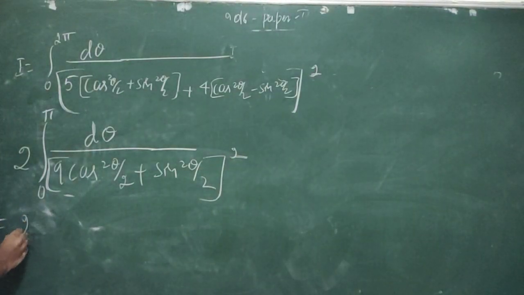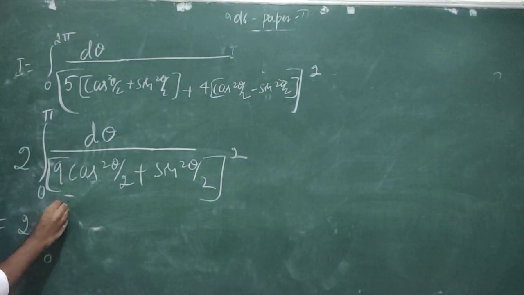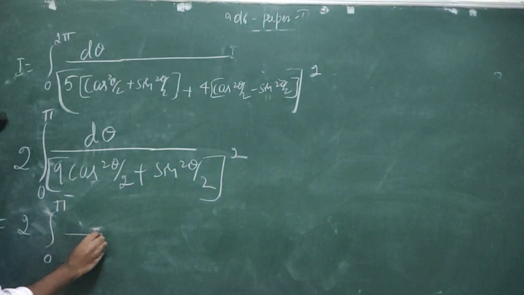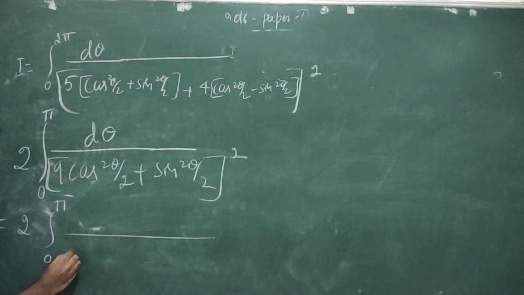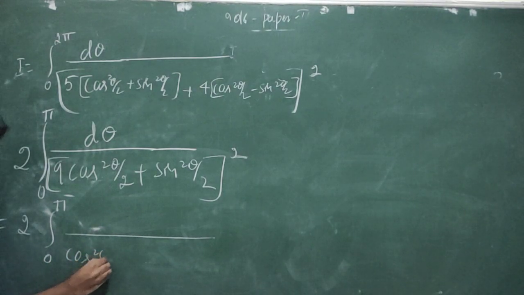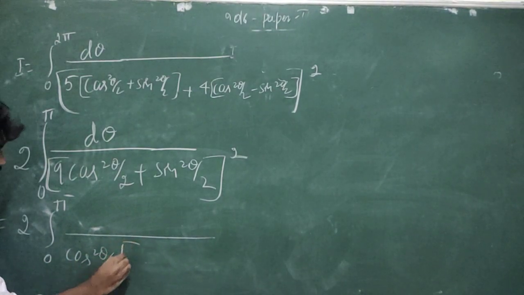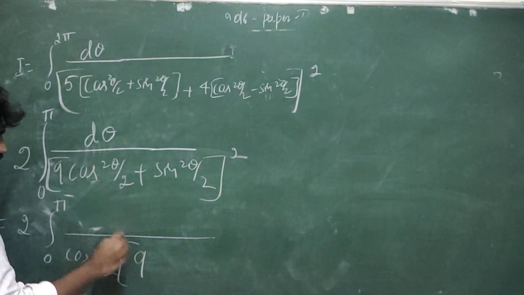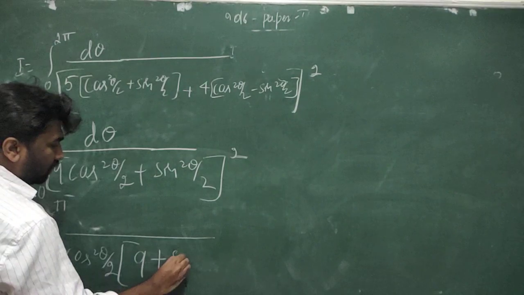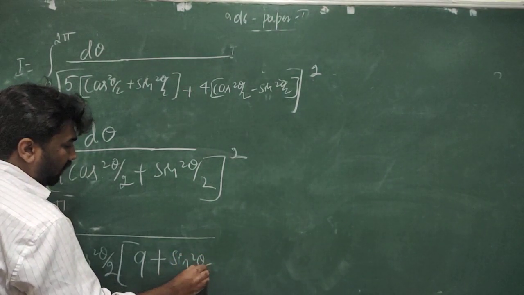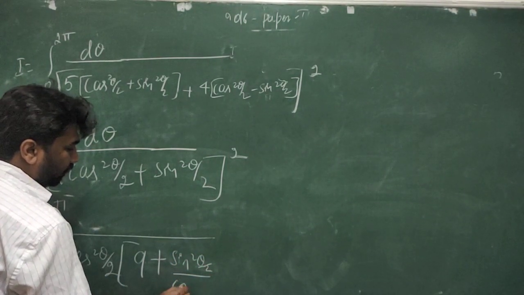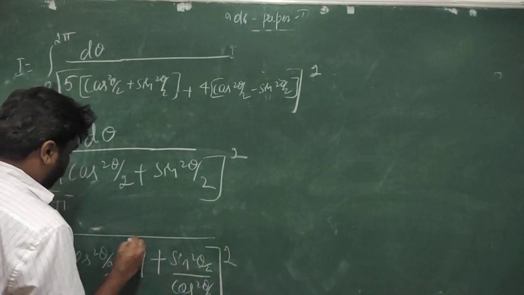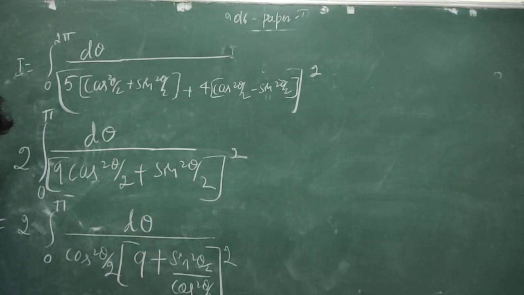So this equals 2 into 0 to pi. If I take cos square theta by 2 as common, the remaining is 9 plus sin square theta by 2 divided by cos square theta by 2, whole square, d theta.